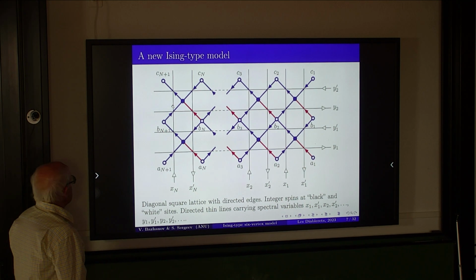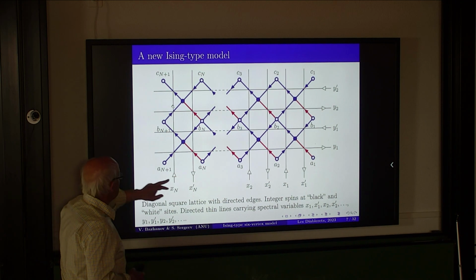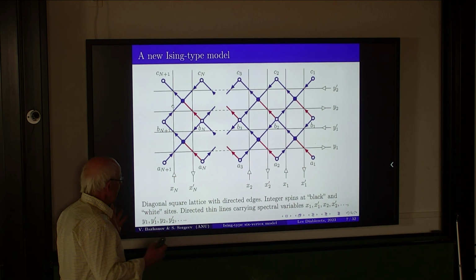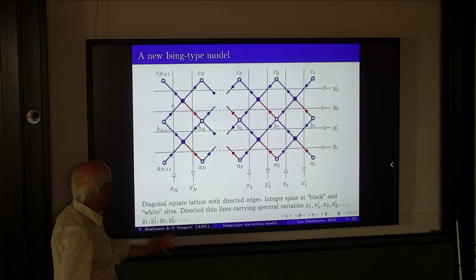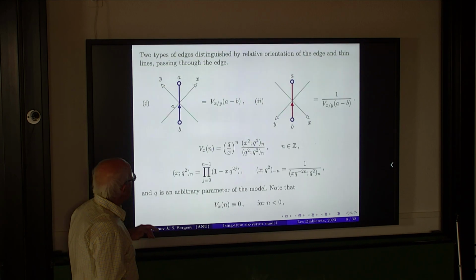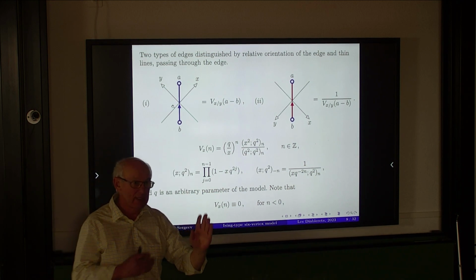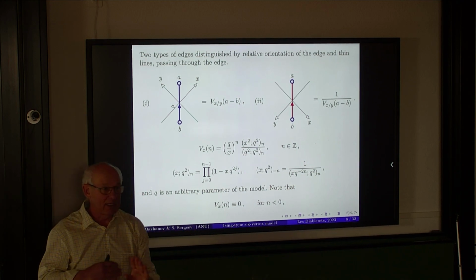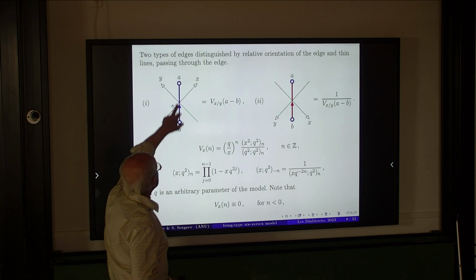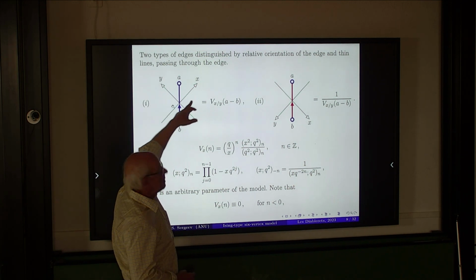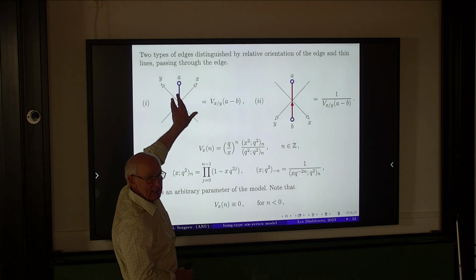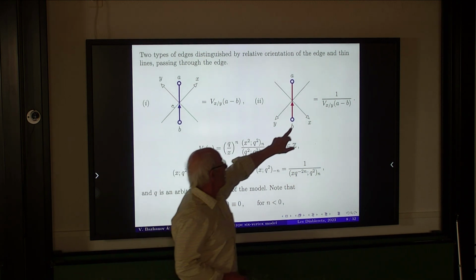If you look carefully, it probably requires some time, but you trust me, there are only two types of mutual configuration of the bold edges and thin rapidity line, where they all point in the same directions, like this, or like this.